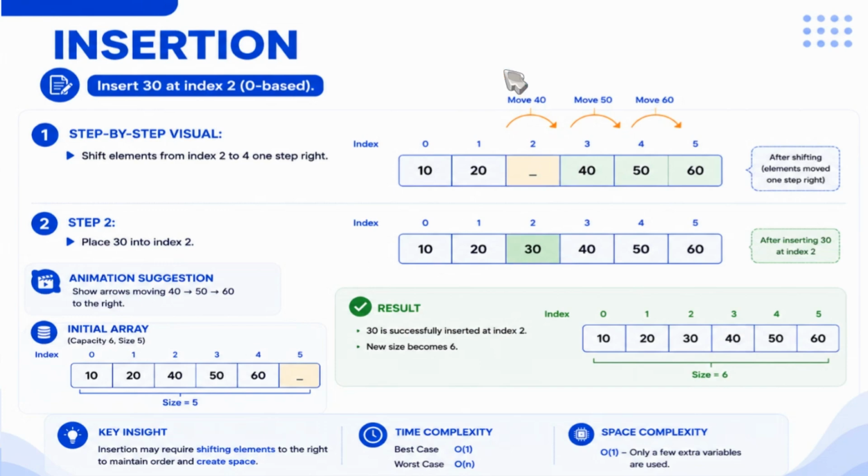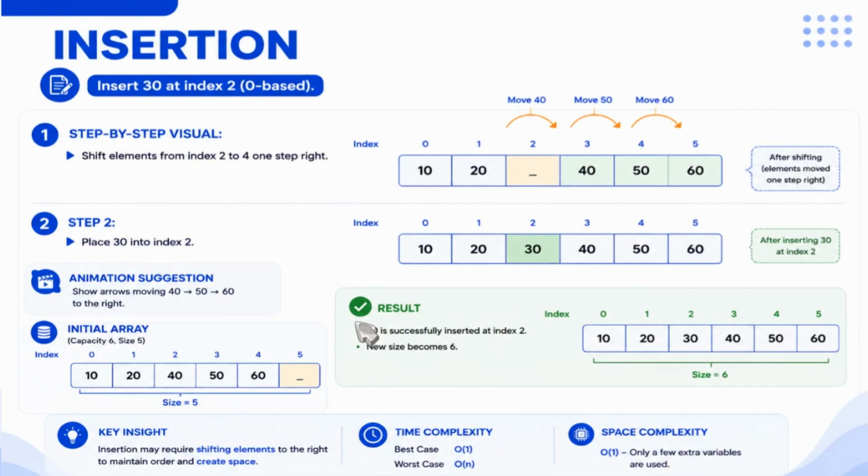You have to shift these elements to the right. In order to make room for 30, you have to move these values. Then it will be like this. Then we insert the value 30 at index 2. The result is a size 6 array.